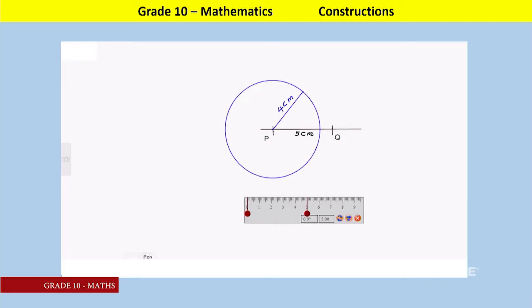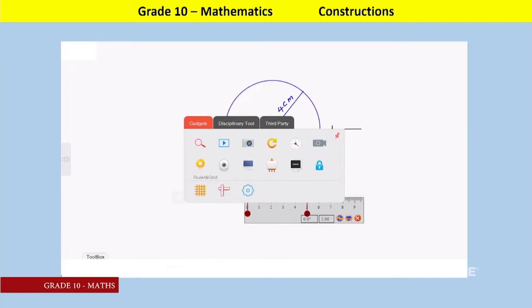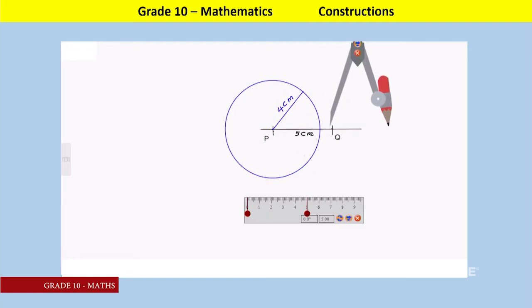Right. Next we want another locus 5 centimeters away from Q. Let's measure 5 centimeters and take the radius as 5 centimeters.